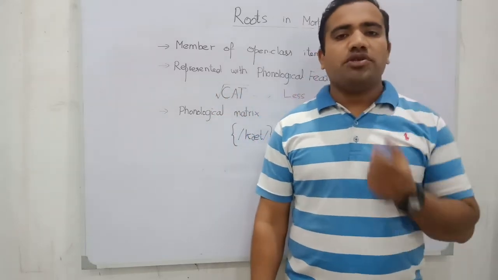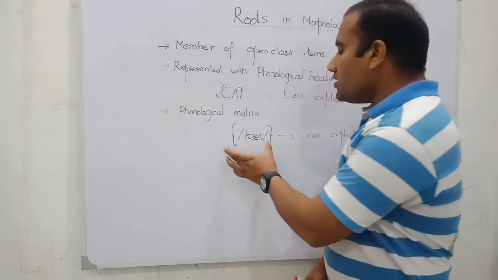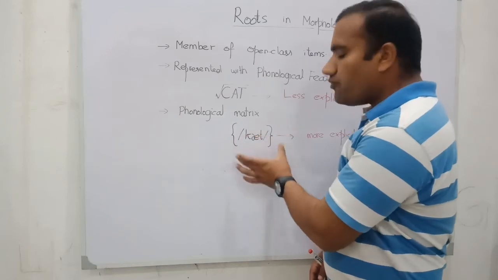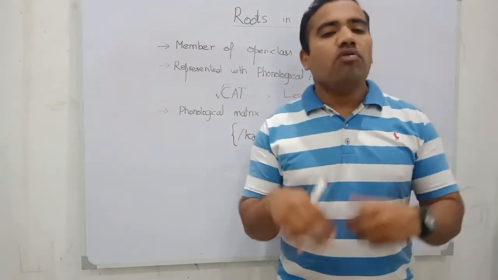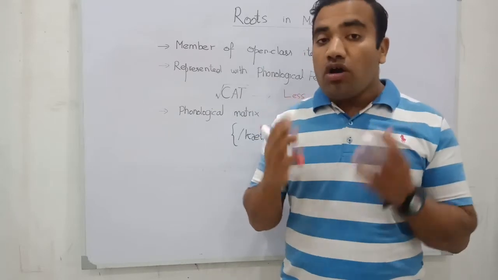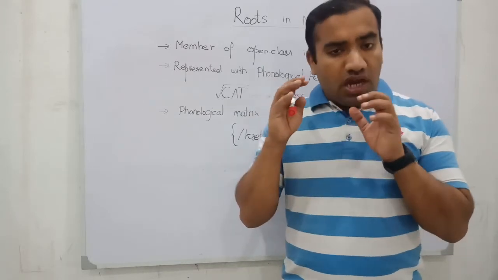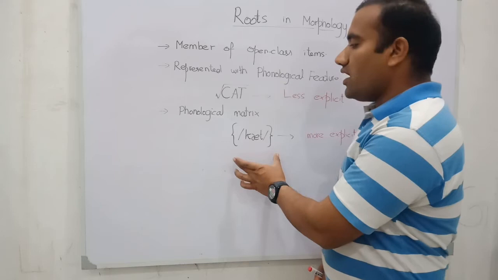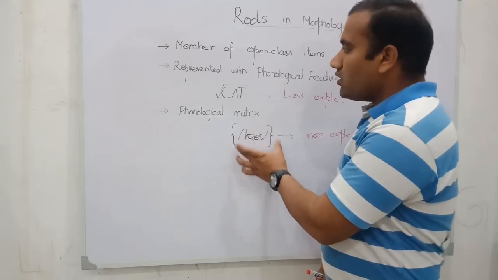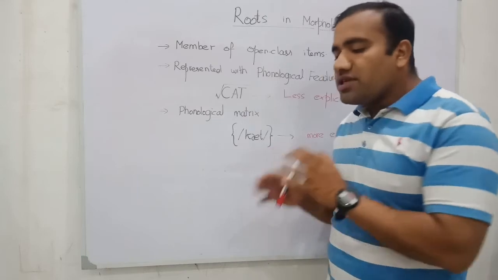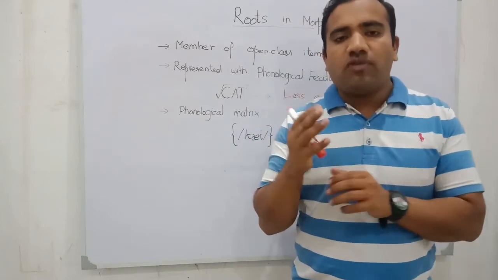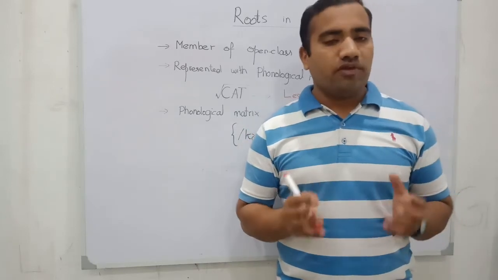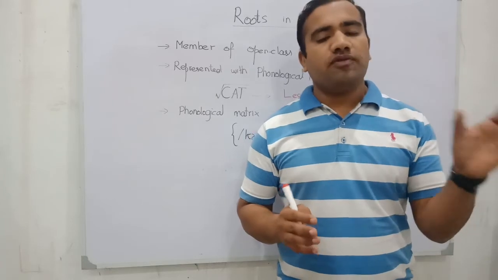With this type of representation you can know how we can present the roots and how we can identify them. Roots are open class items, but they have some phonological matrix, some phonological features. And if we claim that roots have phonological features, we must represent those features.